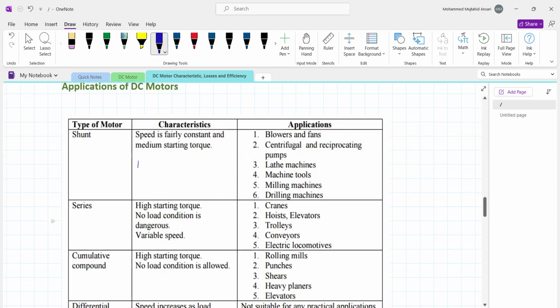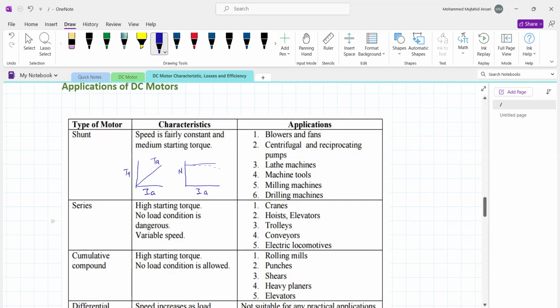Now, for our simplicity, we will draw the characteristic in this block itself. So this is the armature current. This is armature torque, speed, armature current. So torque is constant. So starting torque is not much more, whereas the speed is somewhat constant, and there is a speed drop we are going to observe, but it is a fairly constant speed motor with medium starting torque.